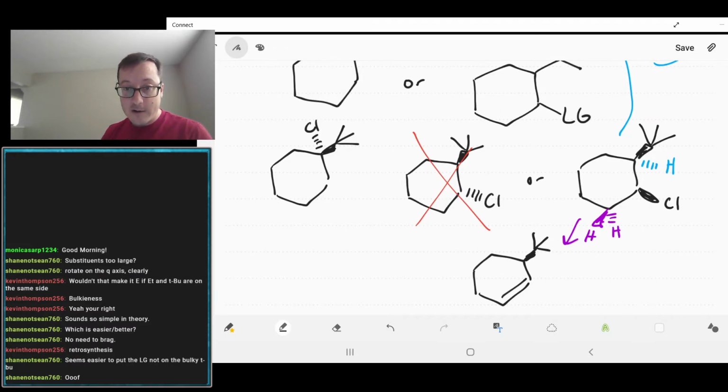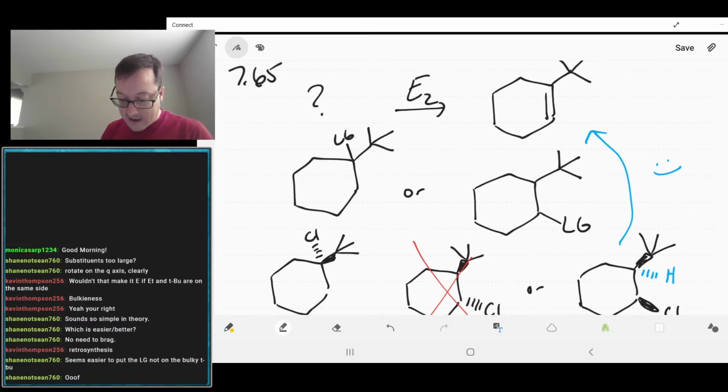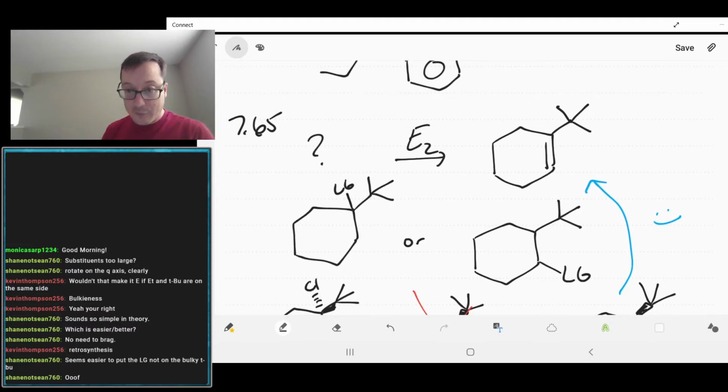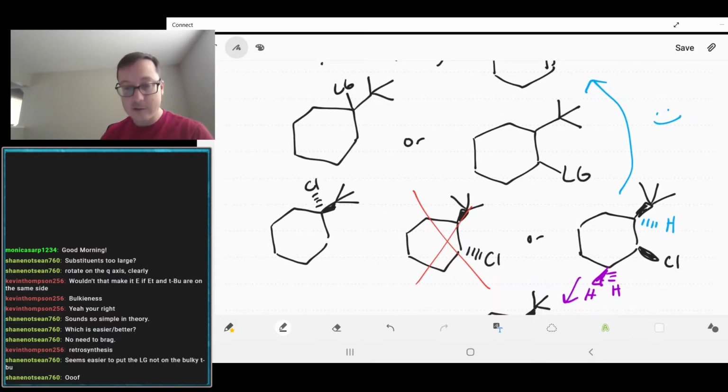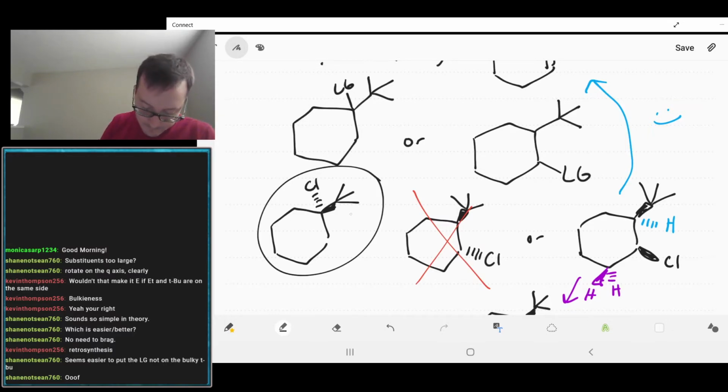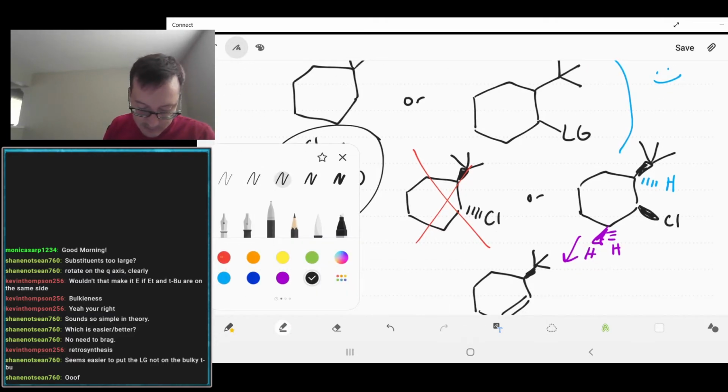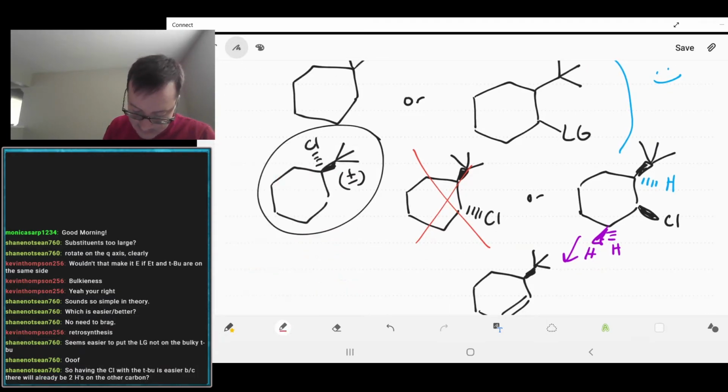So if we want our product to just have only this, if we want only one product, can't do it this way. Cannot use them on separate carbons. They have to be on the same one. That'll be the only way that we can get the desired product. And in fact, this red one, or the one that I've crossed out, will only give us this product.